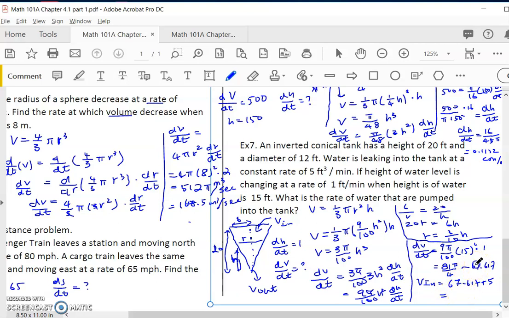Oh, it should be 63. I put 63.617, it should be 63, not 67. So it would be 68.617 feet cubed per minute. That would be what you need to pump in to keep this particular water level at that height.